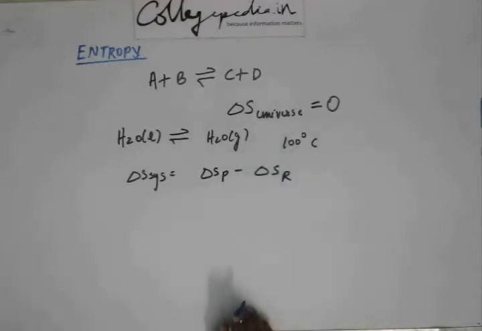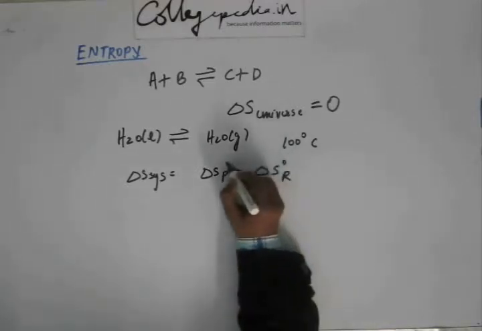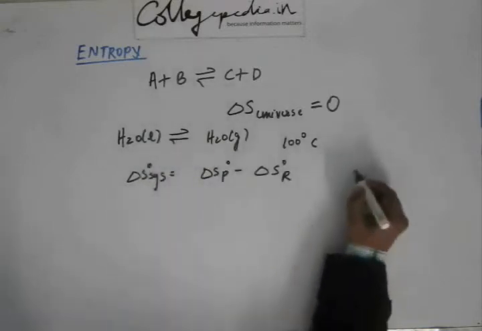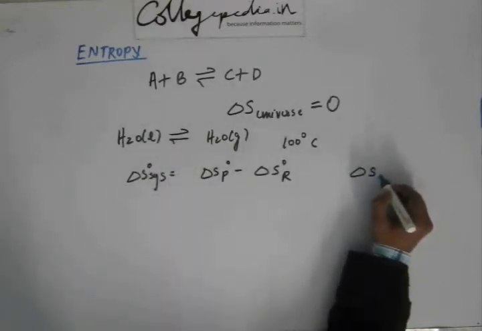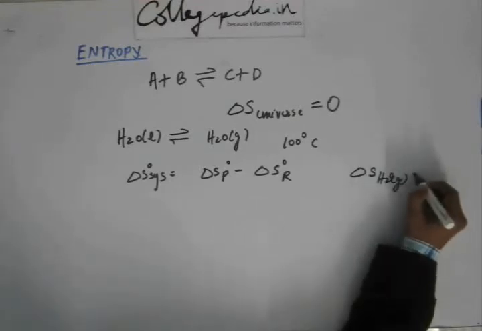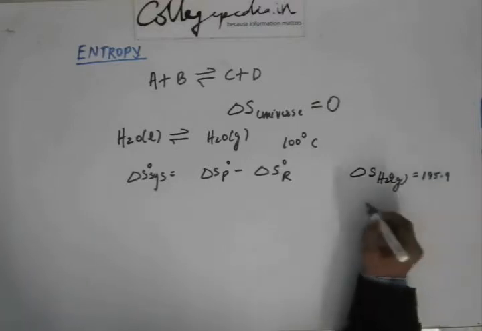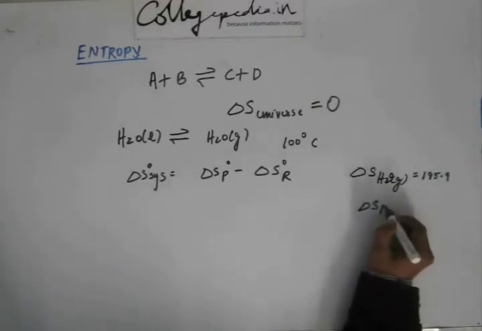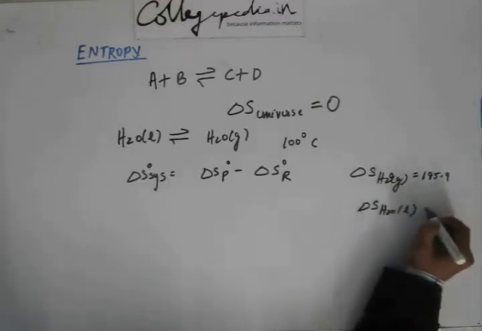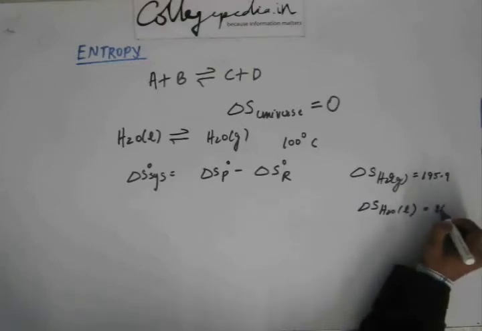Fine. Now suppose this is happening at standard conditions. Now suppose delta S of H2O gaseous is provided to you as 195.9 joule per Kelvin, and similarly delta S of H2O liquid is provided to you as 86.8 joule per Kelvin.